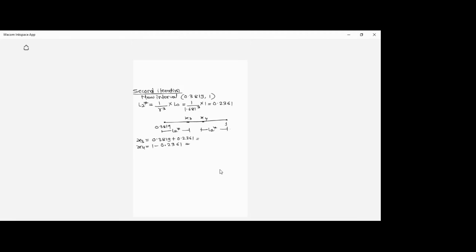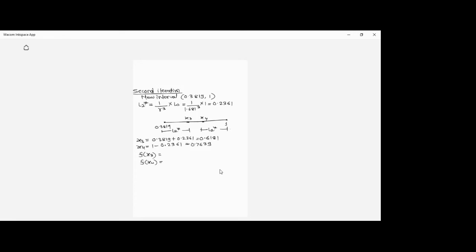If you find out this value, x3 comes out to be 0.6181 and x4 comes out to be 0.7639, right?